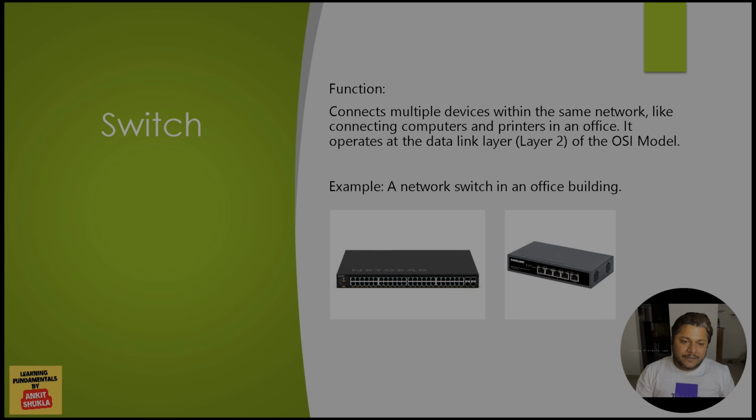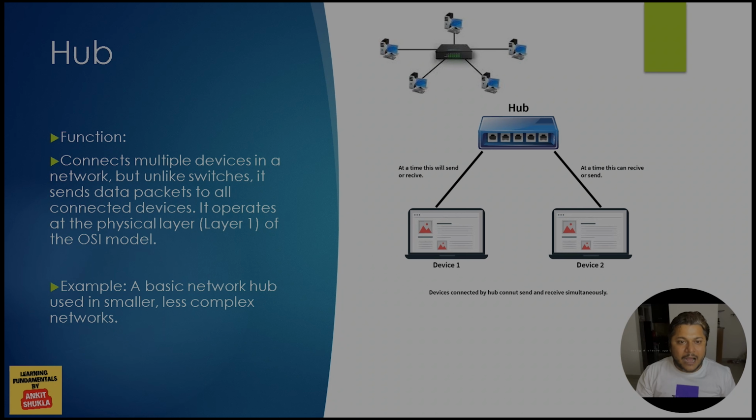Then we have hub as the next networking device. Imagine you are at a party again with a lot of guests. Now picture a networking hub as the loudspeaker that we have in parties. The loudspeaker broadcasts the message to everyone because everyone can hear it, right?